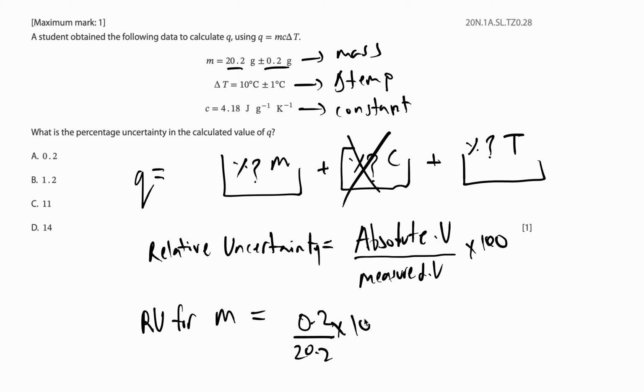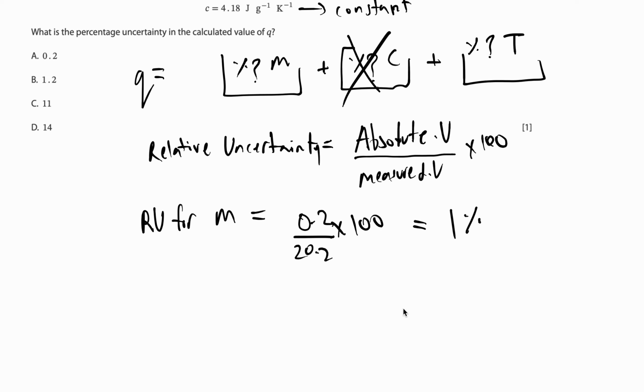If I put this in my calculator, I get that the value is equal to 1. That's 1%. That is the relative uncertainty for mass.